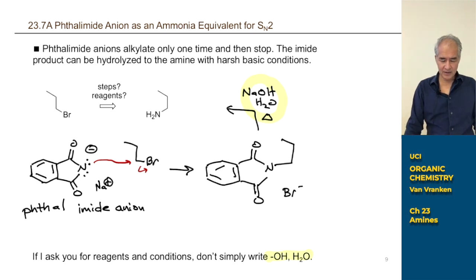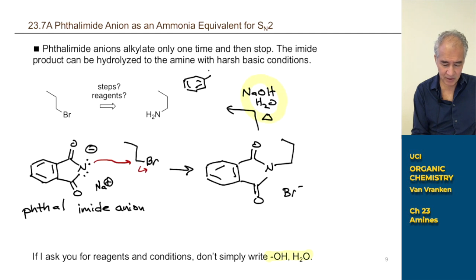Okay, this two-step process of using a phthalimide anion and then hydrolyzing the phthalimide group off. Let me show the other byproduct of this process in case you're wondering what happened to that benzene ring piece. That ended up generating the anion of phthalic acid. So this other piece you just throw away.